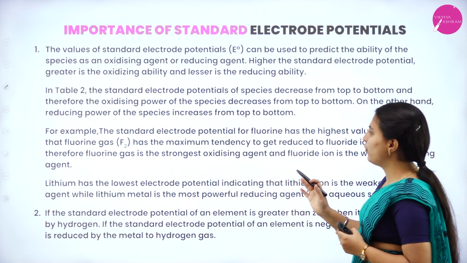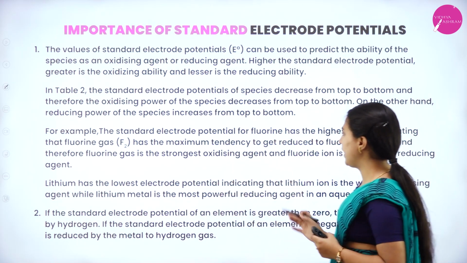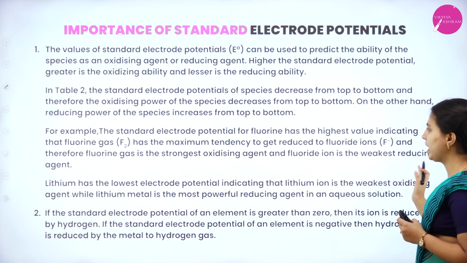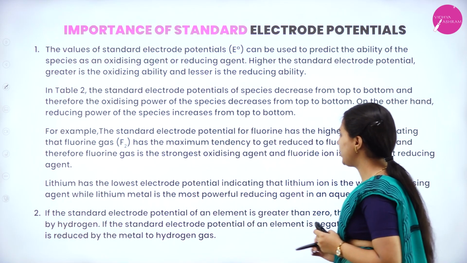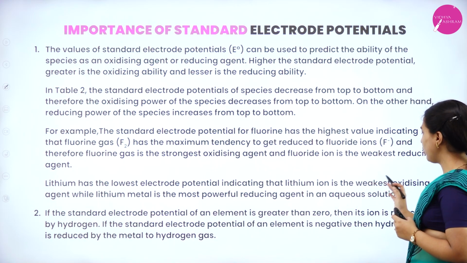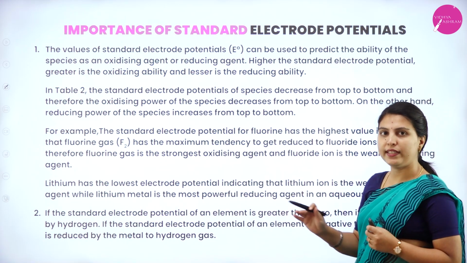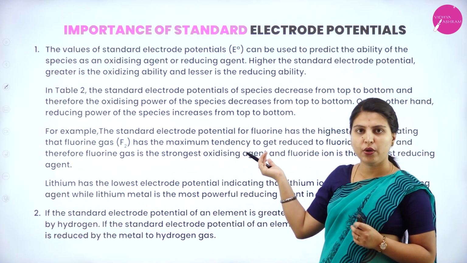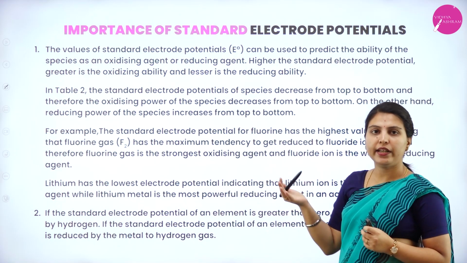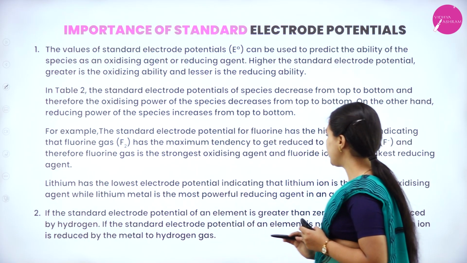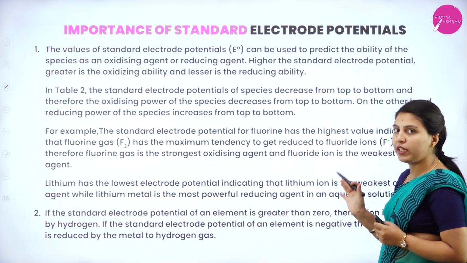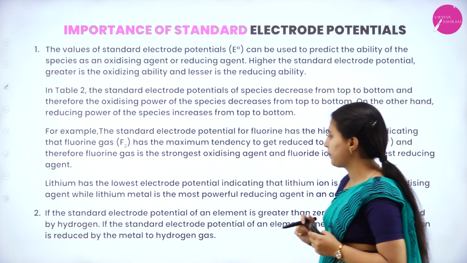Therefore, fluorine gas is the strongest oxidizing agent and fluoride ion is the weakest reducing agent. Lithium has the lowest electrode potential, indicating that lithium ion is the weakest oxidizing agent. One is fluorine, with the highest value, so it gets reduced very easily, and here lithium with the lowest electrode potential is the weakest oxidizing agent.